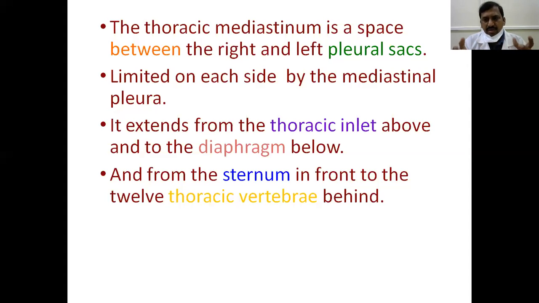The esophageal cancers are also very important, and tuberculosis of the lungs also. Tuberculosis of the lung is the most common cause of enlargement of the mediastinal group of lymph nodes.